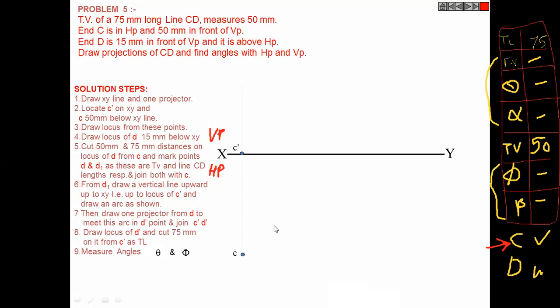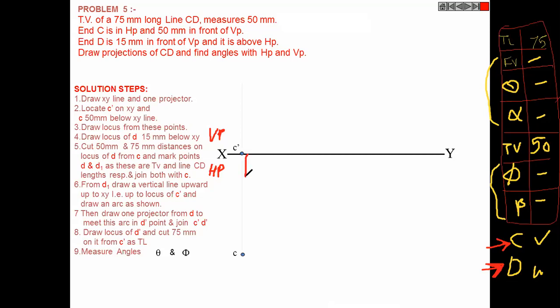Now what can we do next? Which location is somewhat clear information? Anyone? Just think what we can do next. We can do this. What is given? It is given that D is 15 mm in front of VP.